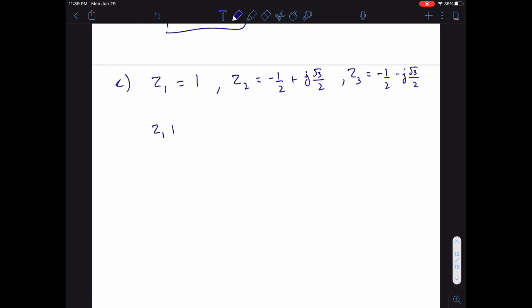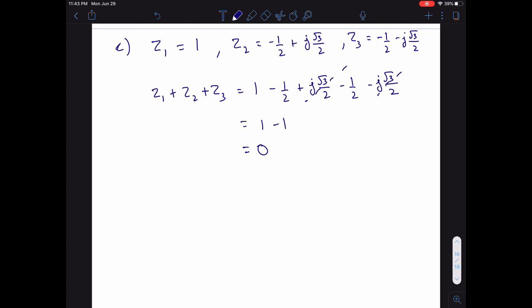Thus z1 plus z2 plus z3 is equal to 1 minus half plus j root 3 by 2 minus half minus j root 3 by 2, and that would be 1 minus 1, which is 0. And that's how it's proven.